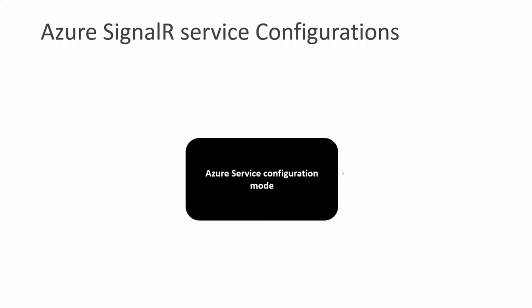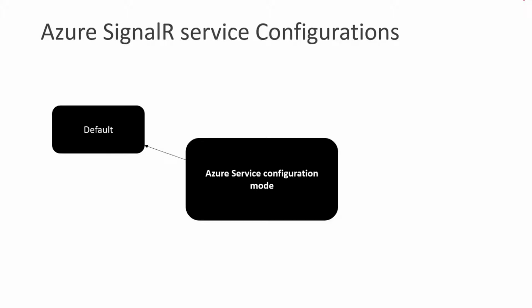As we all know, we have SignalR functionality in ASP.NET Core as well. The Azure SignalR service provides the service configuration in 3 modes. Let's see how.